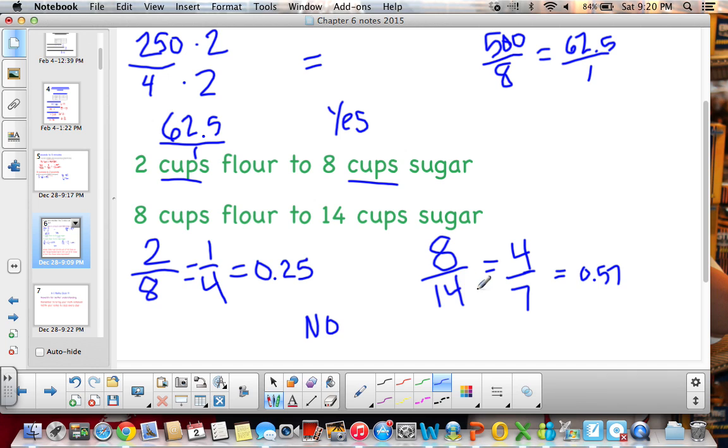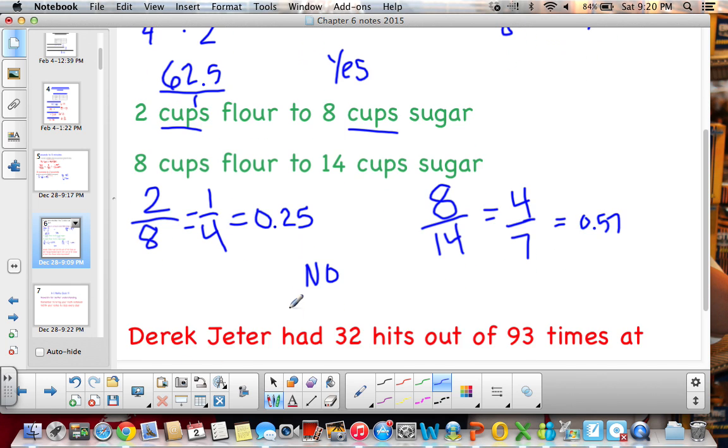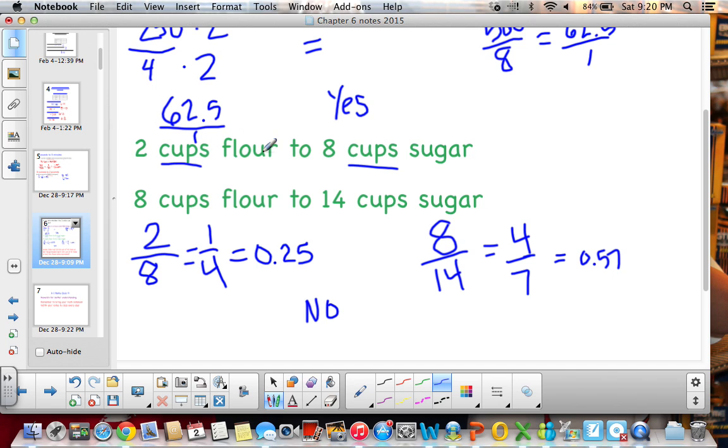So we know that these ratios are not equivalent because they simplify out to different numbers. So if you were making a recipe and you decided to change it to this, it wouldn't work because your measurements are a little bit off.